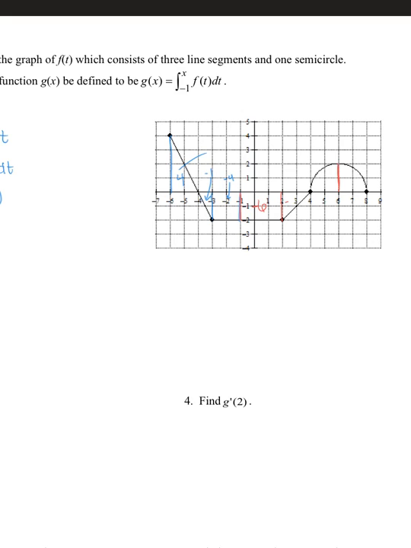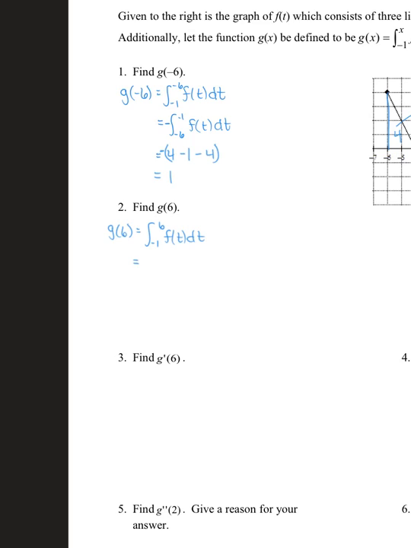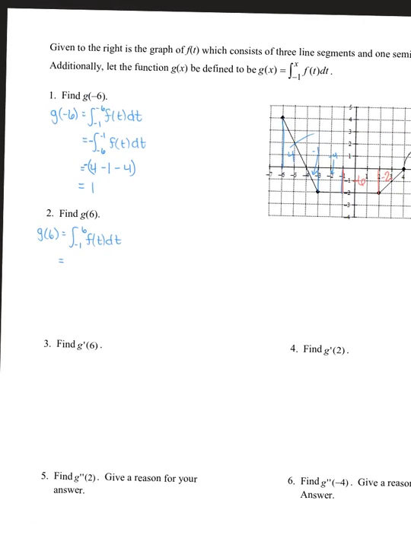Keep forgetting those negatives. That is -2, and this ends up being pi. If you add all these together, you get -6 plus -2 plus pi, which is -8 plus pi.